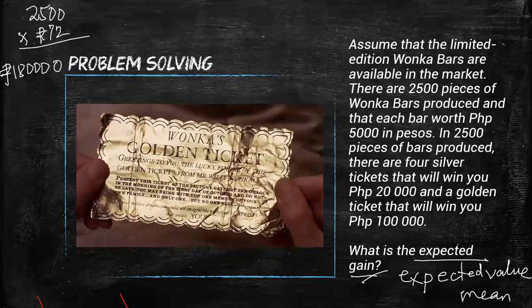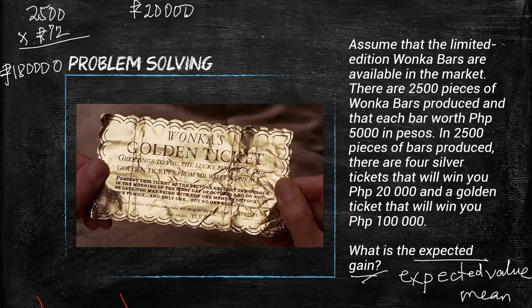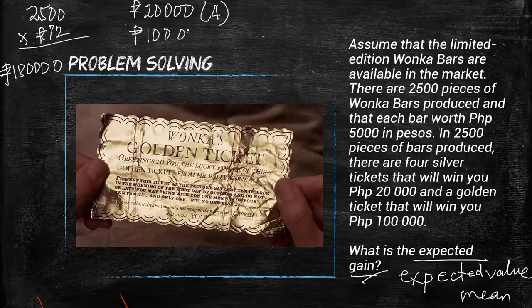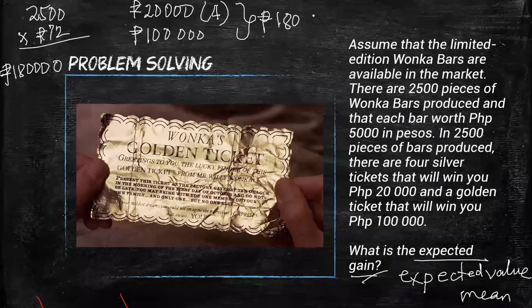Ngayon, dahil 180,000 lahat ng chocolate bars, makukuha mo lahat ng premyo. O ilan yung premyo? 20,000 each of the 4 tickets. Tama? So ano yun? 20 times 4. Tapos, 100,000, isa lang siya. O, i-total nyo lahat ng premyo kung magkano. 180,000. Okay, 180,000.